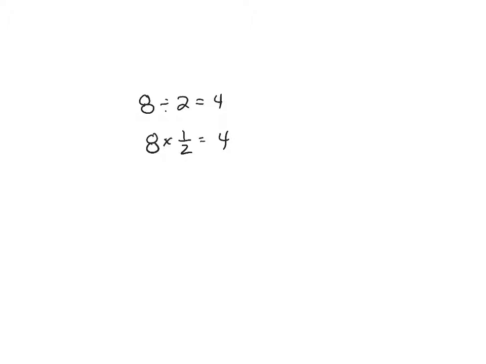This is an important point to note, because I want you to notice that I divided by 2 or I multiplied by 1/2. I changed my division problem into a multiplication problem. And what I did in order to do that is I kept the first number the same, the 8, but I changed to multiplication and I took the reciprocal of my 2, and that's 1/2.